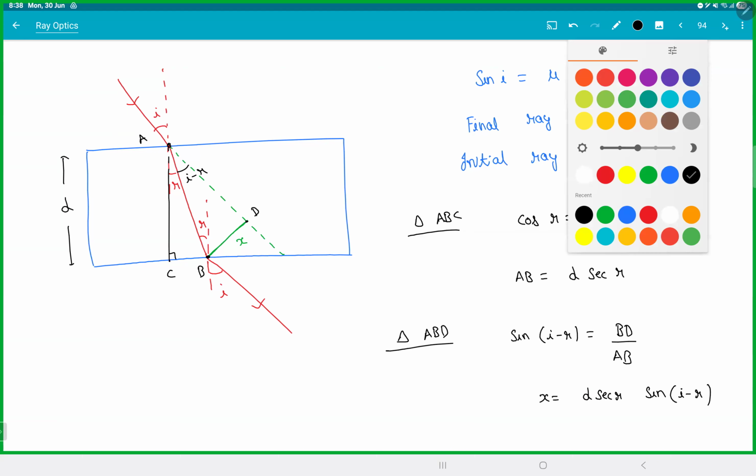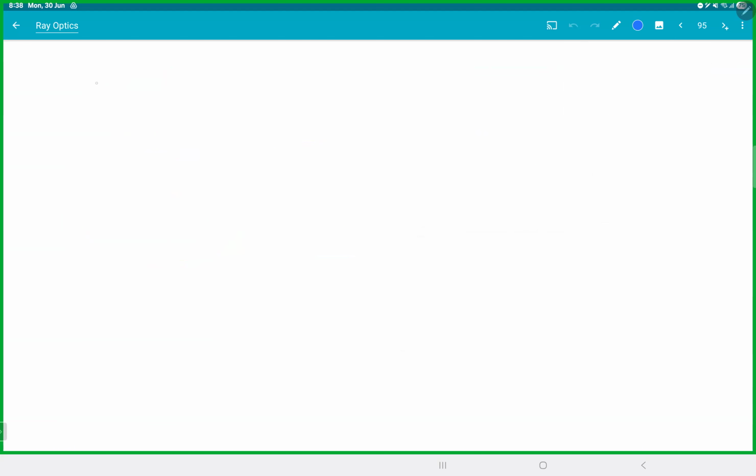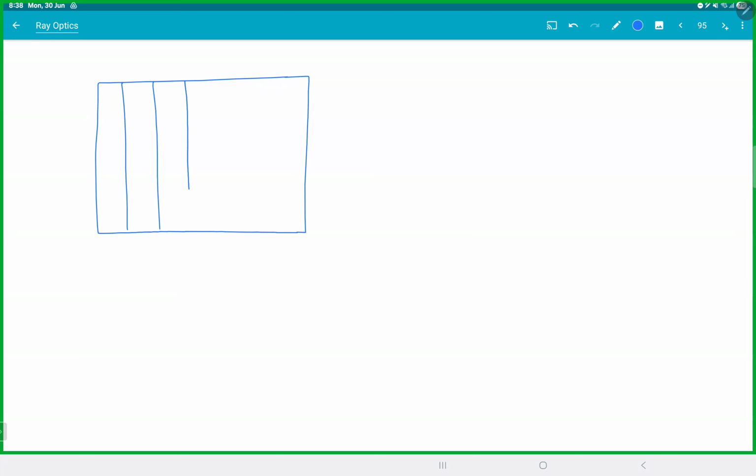So one thing you notice, when you send a light ray through a parallel slab, you always come out parallel. Now this you can use even for multiple slabs. Let's say mu1, mu2, mu3, and so on till mu n. Let's say outside the medium is mu m, and this side also the medium is mu m.